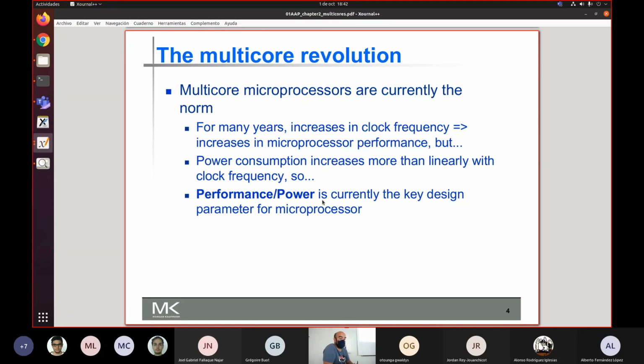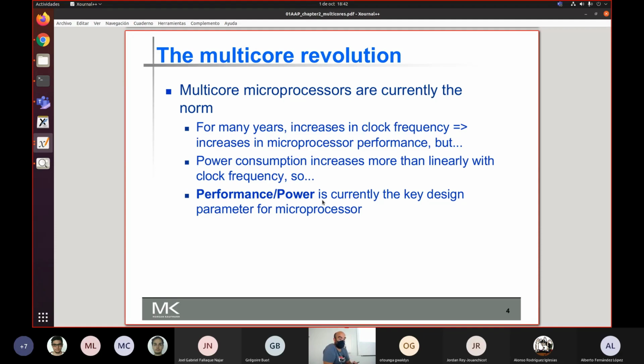This was one of the main sources. Also, the additional transistors were used to complicate the design of a single core, with things like branch prediction, trying to do some kind of multithreading, supporting multiple issue, superscalar processors. This was the main motivation of the evolution of the processors.